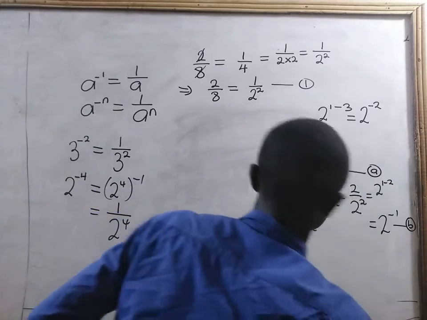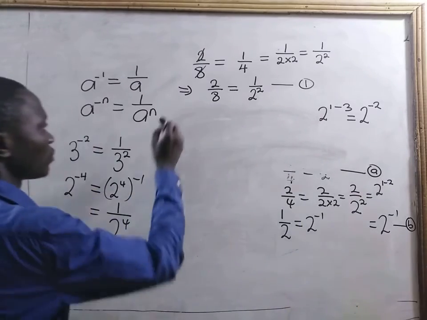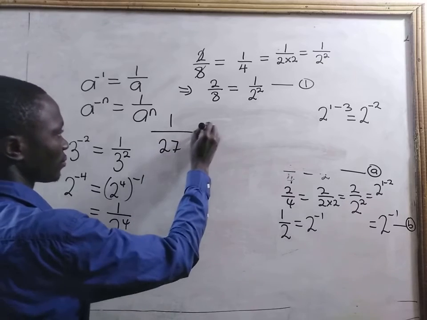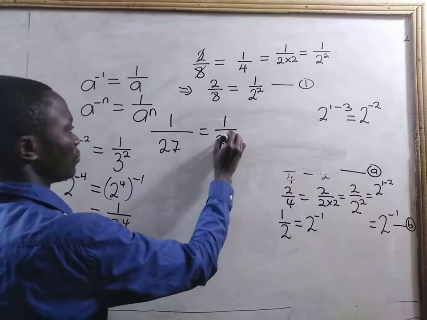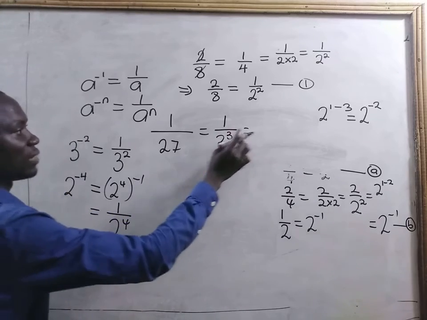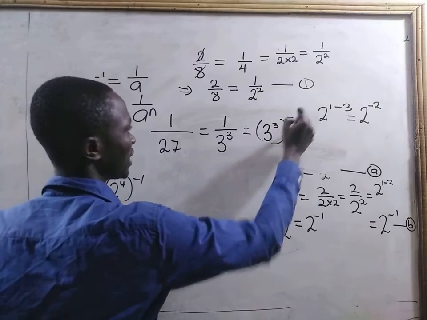If I have 1 divided by 27, 27 is 3 power 3. And this can be written as 3 power 3 exponent negative 1.